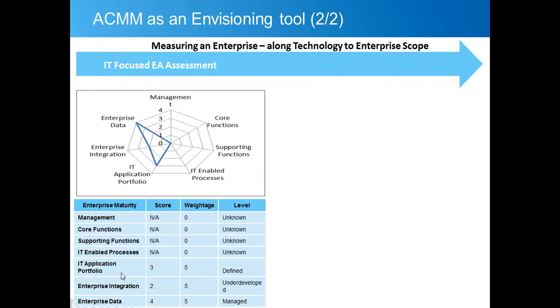For example, in the IT-enabled processes, can I look at a list of all the processes and their maturity? That means I probably need to go down and study the IT enablement process. How effective are they? How are they being done?